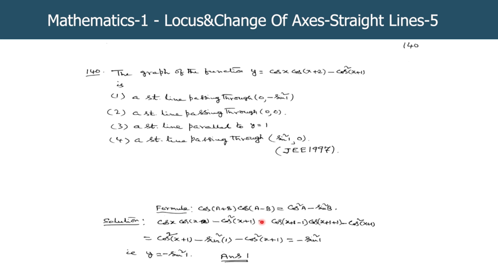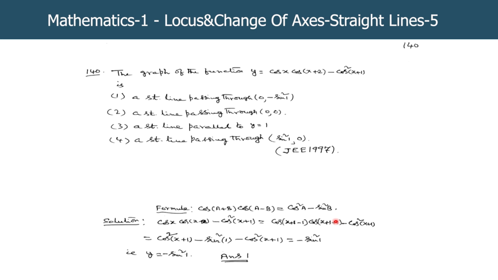Now if you use that, cos x into cos x plus 2 minus cos square x plus 1 can be written by writing x as x plus 1 minus 1 and x plus 2 as x plus 1 plus 1. So cos of x plus 1 minus 1 into cos of x plus 1 plus 1 is of the form cos a plus b into cos a minus b.